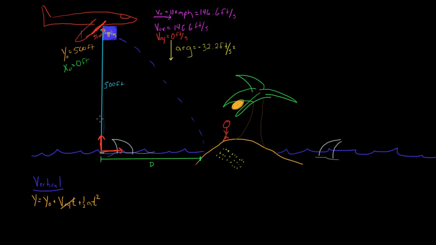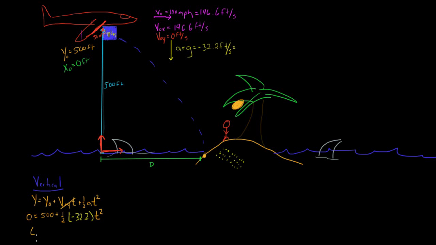And we also know that our final y position is going to be 0 feet because that's when the supply hits the island. So 0 is equal to, our initial y position is 500, plus 1/2 times our acceleration, and our acceleration is minus 32.2, times time squared.